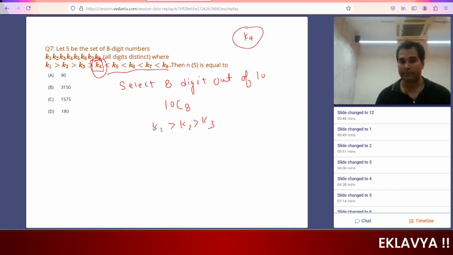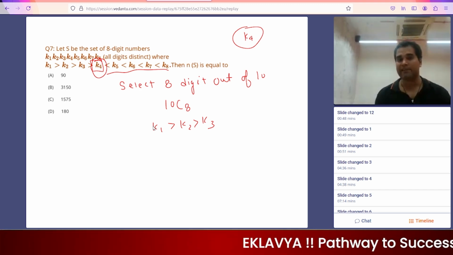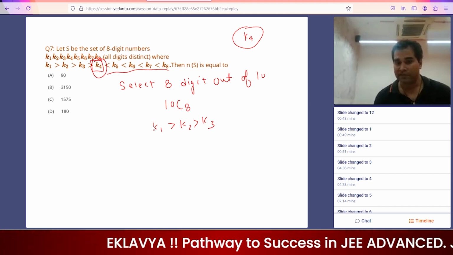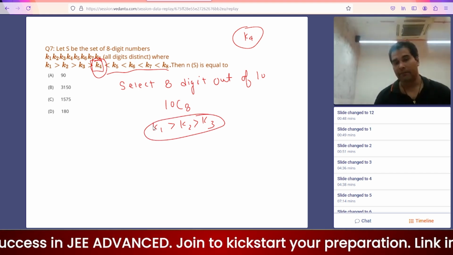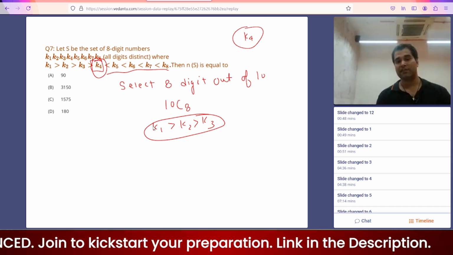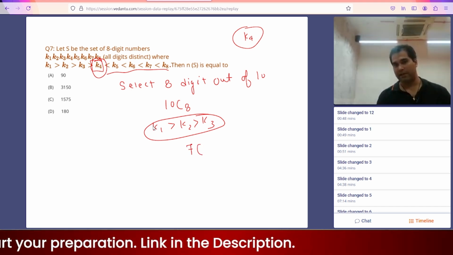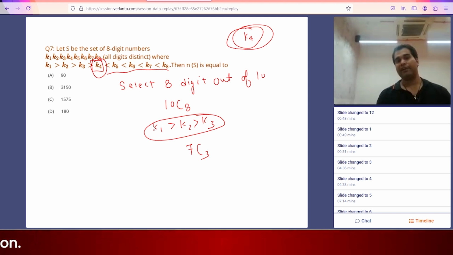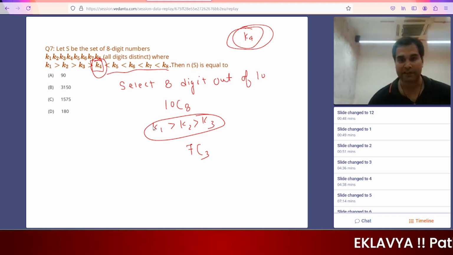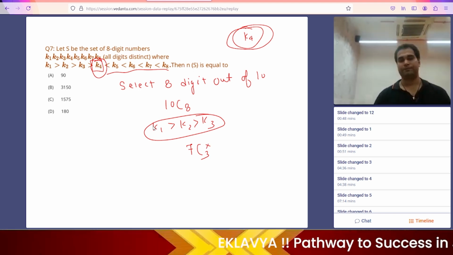This means out of 8 digits, a total of 7 digits remain. In these 7 digits, to take 3 at a time to select means 7C3, because K4 is fixed, meaning K4 is the least value.